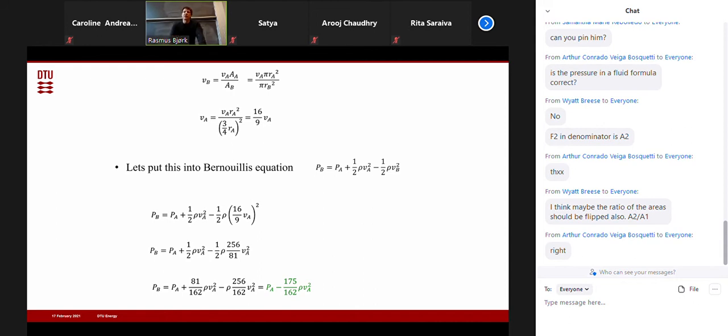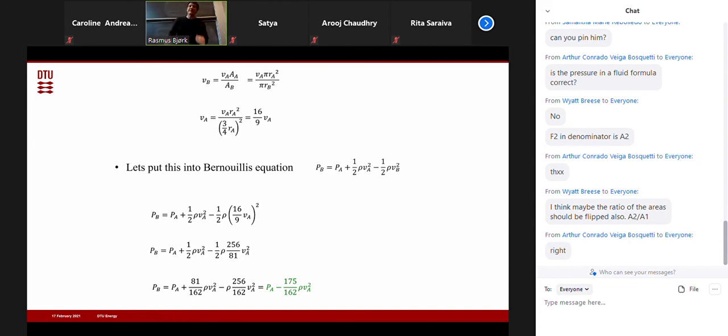One double check you can do is to see if what you have here, especially for your pressure, makes sense. So my pressure here at PA is going to be higher than it is at PB. So you see PB is going to be PA minus some value. And that makes sense if you just think that force per area is going to be less as you go further down because you're going to have that restriction.